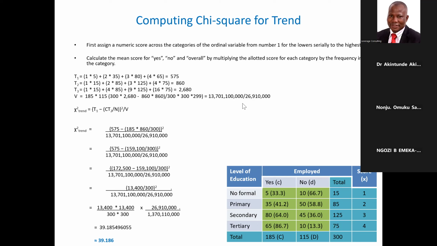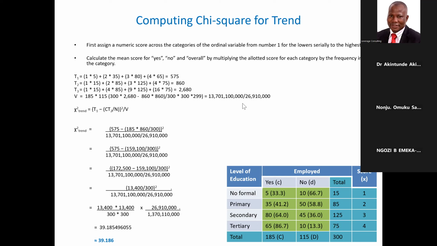So don't even bother yourself with this or that one. You now put all those T1, T2, T3 in this formula, which is somehow cumbersome, and at the end of the day, it gives you 39.186. Now, that is the chi-square.